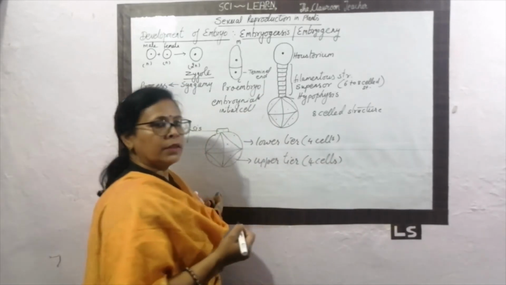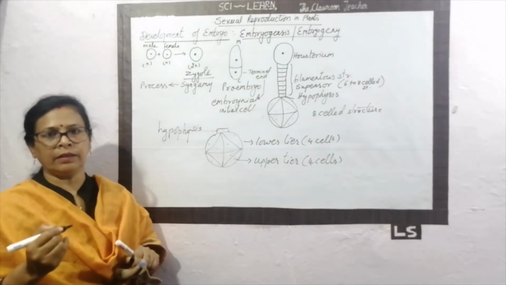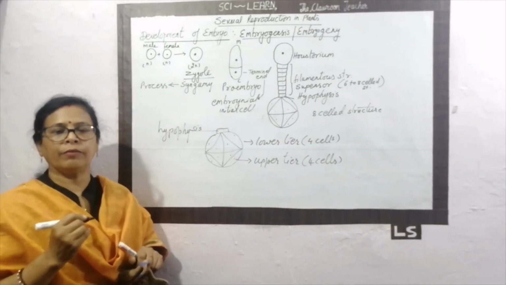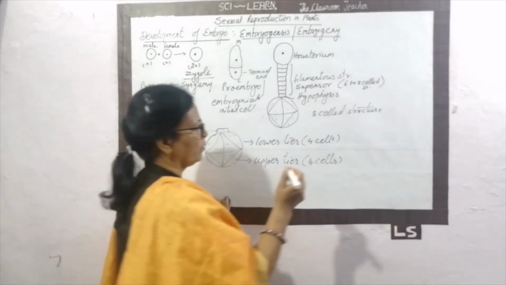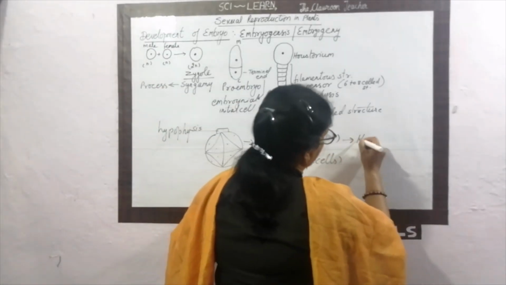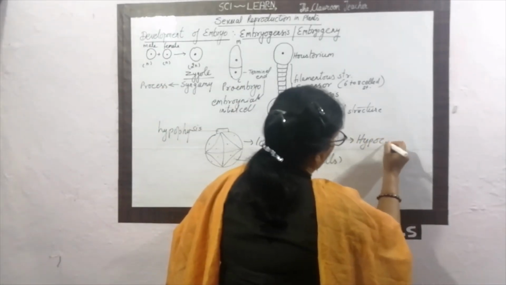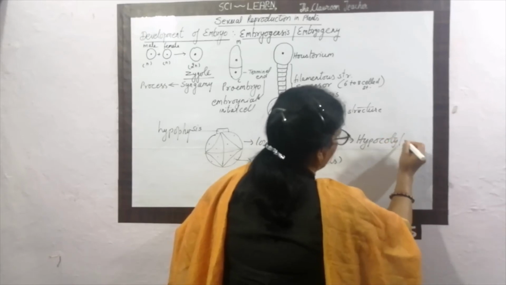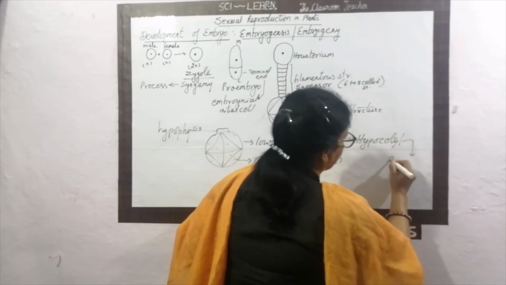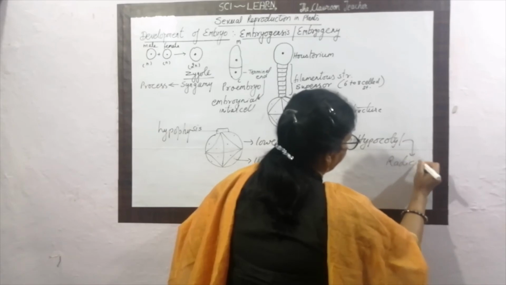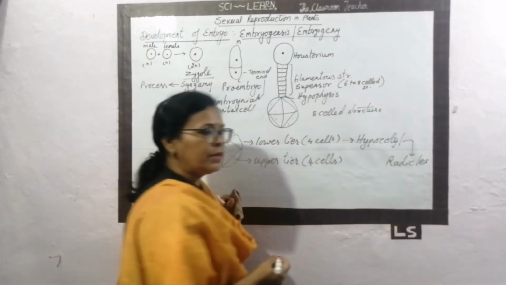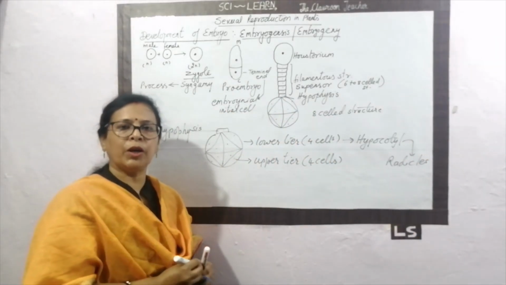In future, the lower tier cells develop to form the hypocotyl, and the hypocotyl further develops into the radicle. Radicle means it is going to develop the root.